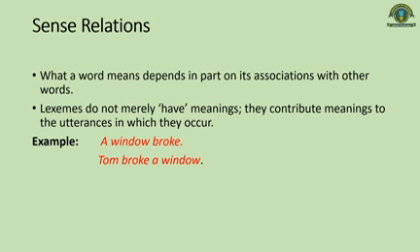So what happened in both these sentences? Students, what happened to the window is the same thing. But in the first sentence, broke is equivalent to become broken. And in the second one, Tom broke a window, it is equivalent to cause to be broken.